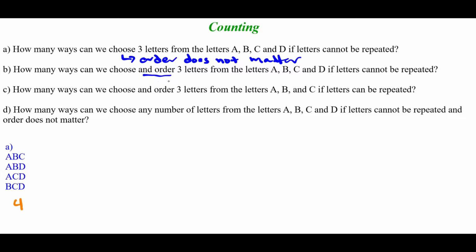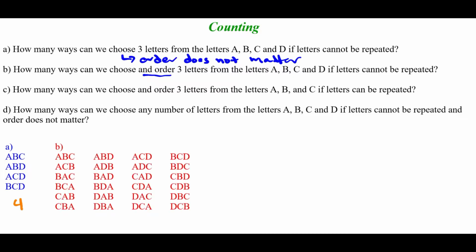How many ways can we choose and order 3 letters from the letters A, B, C, D if letters cannot be repeated? So obviously order matters now. Here you can see we took the first one, A, B, C, and then we did all of the possible combinations of those 3 letters, just rearranging the order.